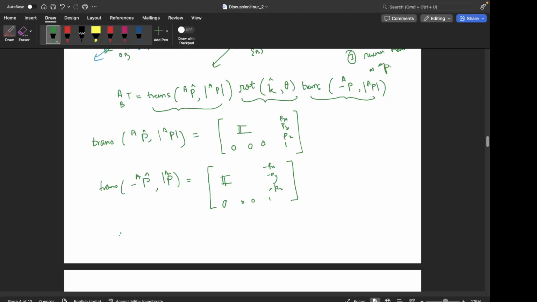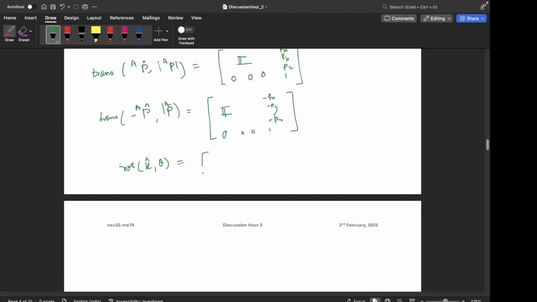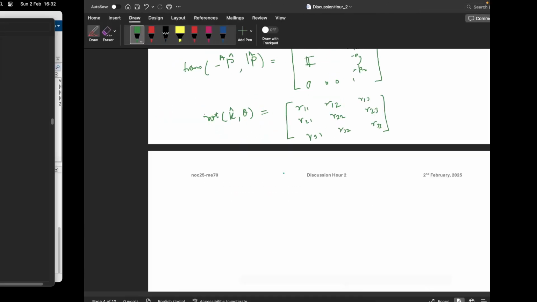And now we have this rotation about k theta, this part. And this is basically a big matrix, right, whose expression is not very trivial to write as well. So I'll just put a picture of that expression, and that can be basically used to understand.